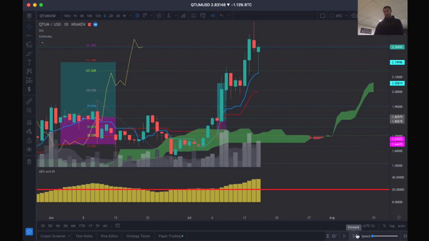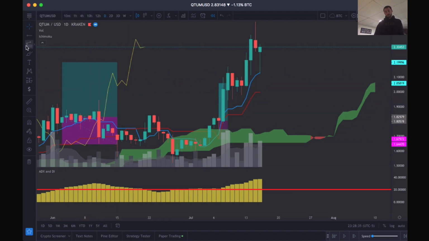Okay, so right here, it's really far away from the cloud, but it's touched down on it. And how about right here to right here to right there?